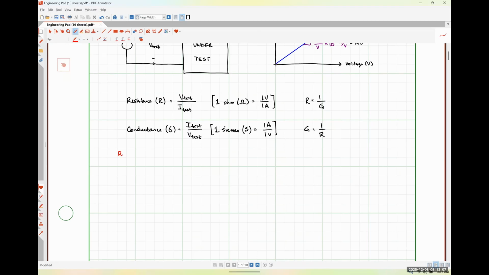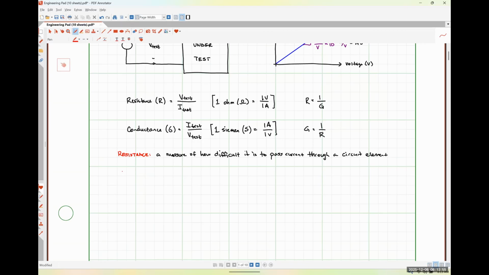So we're going to say that resistance is a measure of how difficult it is to pass current through a circuit element, meaning that the larger the value of the resistance, the harder it is to pass some fixed amount of current through it.